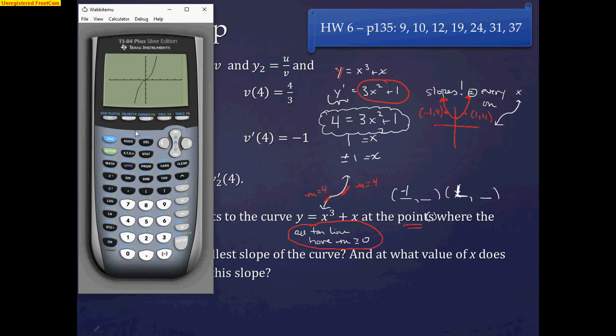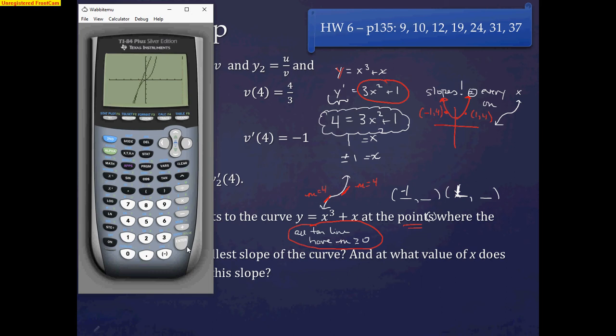So let's do this. Trace. At -1, y is -2. And remember that cute little draw tangent thing I asked you about? Draw the tangent line at -1, -2.